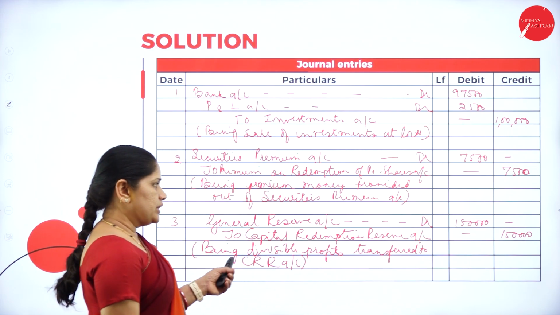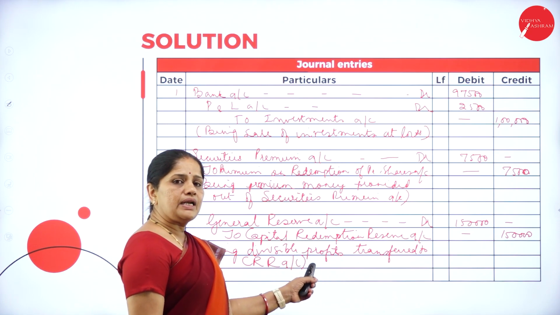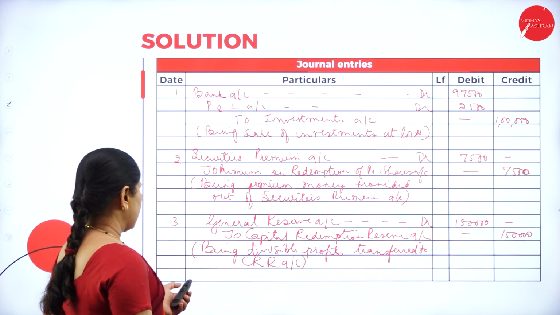So I have utilized 1,50,000 from the general reserve. So I am transferring an equal amount to the capital redemption reserve account.